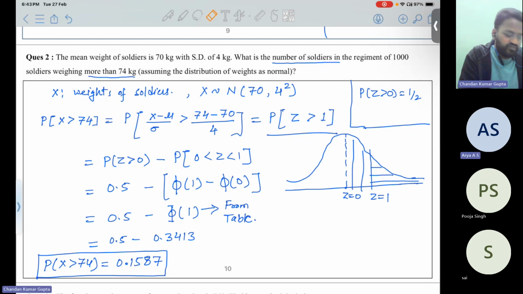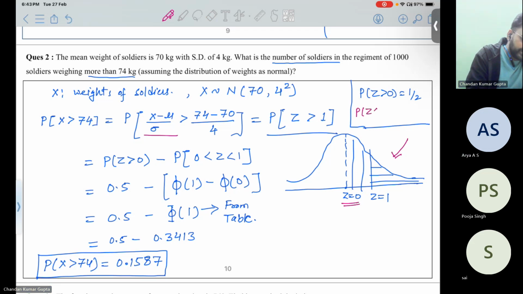The area under this curve is 1, and it is symmetrical about z equal to 0. So that means the probability of z greater than 0 is half and less than 0 is half. You can also write like this. Okay, sir.